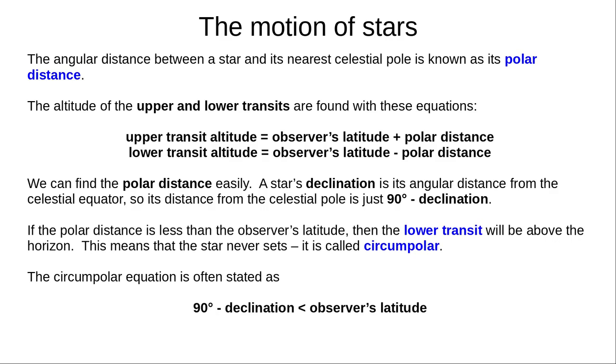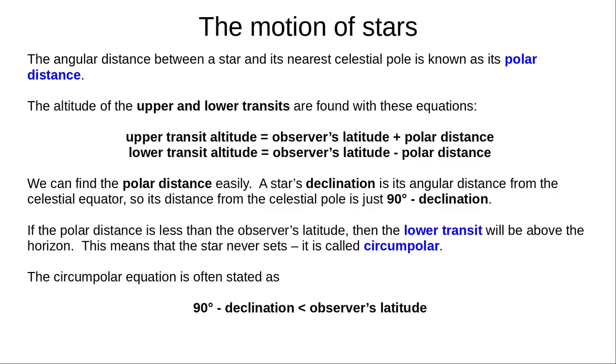Upper transit altitude is your latitude plus the star's polar distance, and lower transit altitude is your latitude minus the star's polar distance. A star's declination is its angular distance from the celestial equator. Since the celestial poles are 90 degrees from the celestial equator, a star's polar distance is just 90 degrees minus its declination.